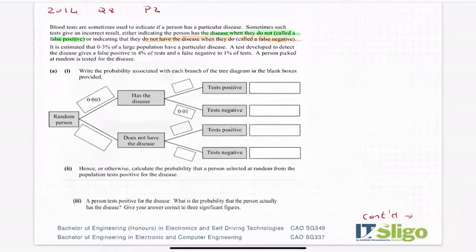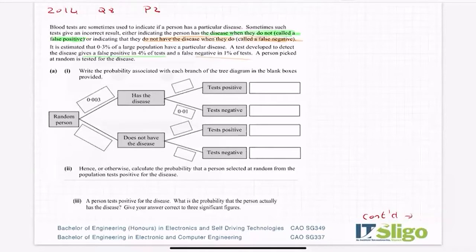It is estimated that 0.3% of a large population have a particular disease. A test developed to detect the disease gives a false positive in 4% of the tests and a false negative in 1% of the tests.